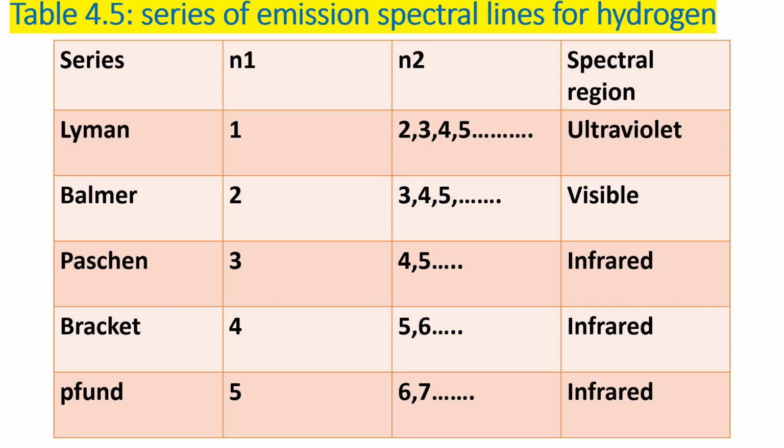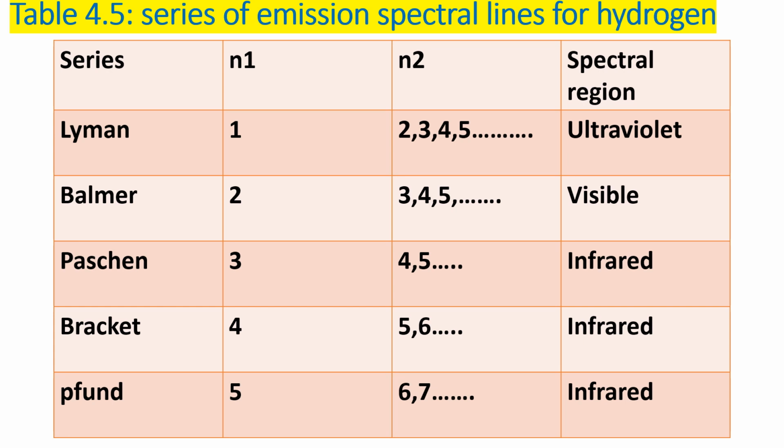Suppose Lyman: n1 is equal to 1, then n2 is equal to 2, 3, 4 and 5, which is present in the ultraviolet region. Balmer: n1 is equal to 2, then n2 starts from 3, 4, 5. Paschen: n1 is equal to 3, then n2 starts from 4, 5, 6, 7.